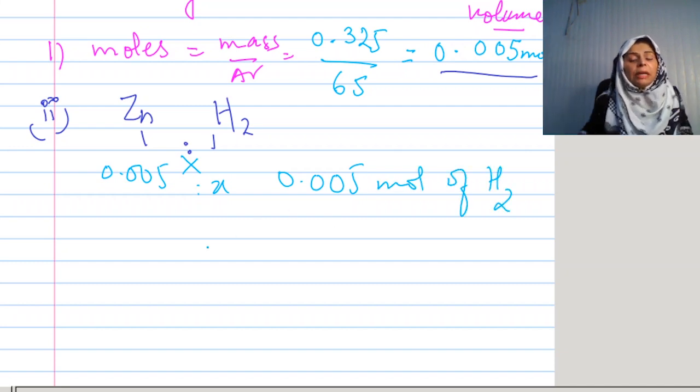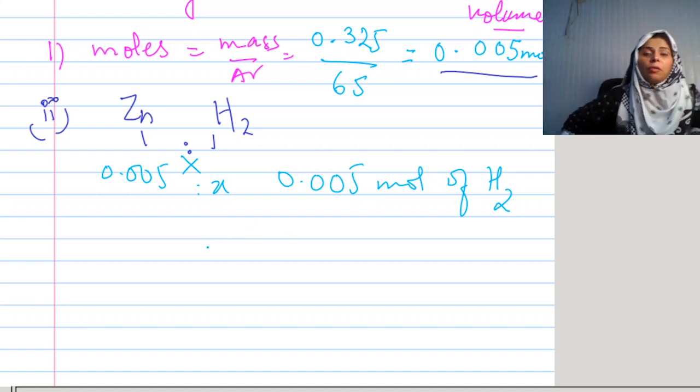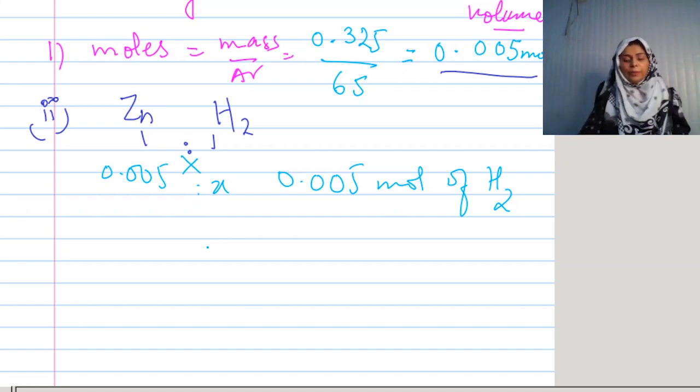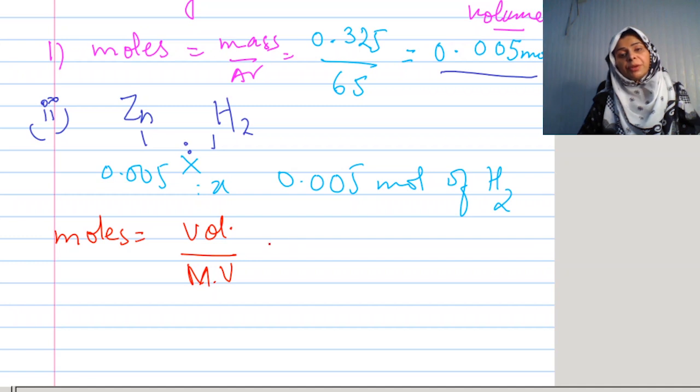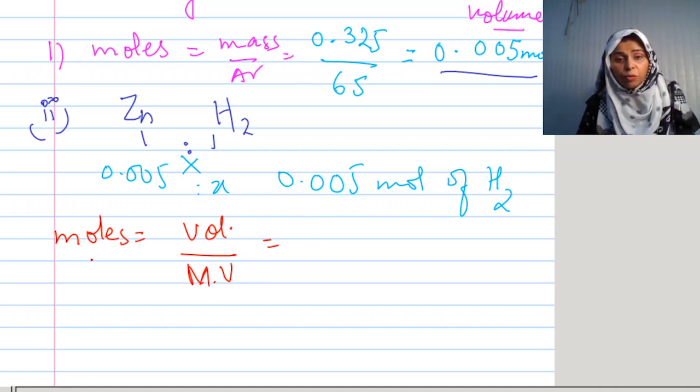So we have to calculate the volume of hydrogen. First of all, write the formula. Moles is equal to volume over molar volume. Molar volume is 24 decimeter cube or 24,000 centimeter cube. We know the moles and we know the molar volume.